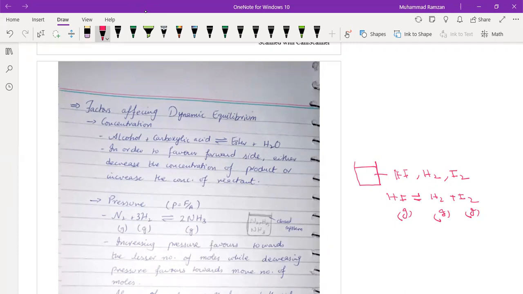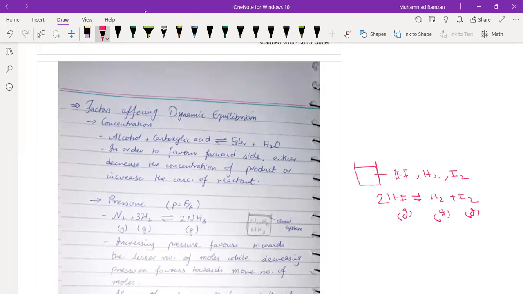Can you look? 2HI. If I put 2, then pressure will have no impact. This is the point. You have to look and see the number of moles on both sides are equal. If they are equal, then there would be no effect on the forward and backward side.